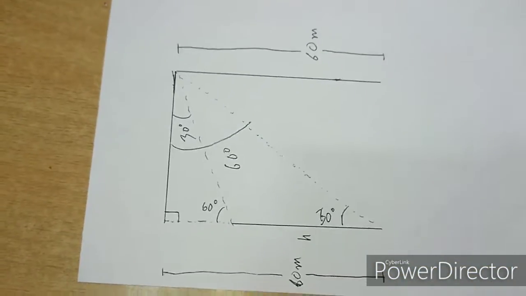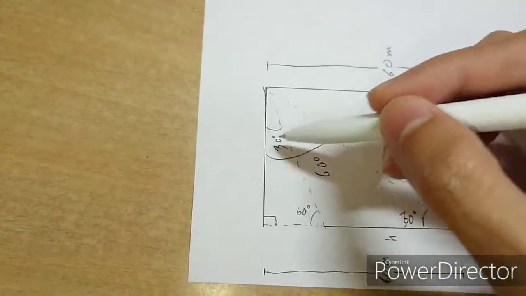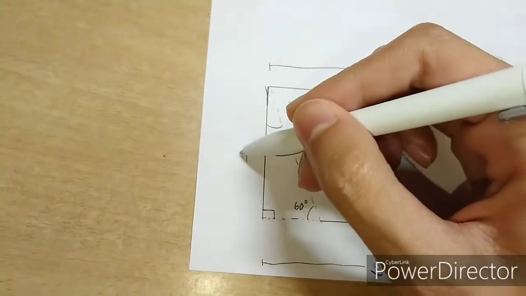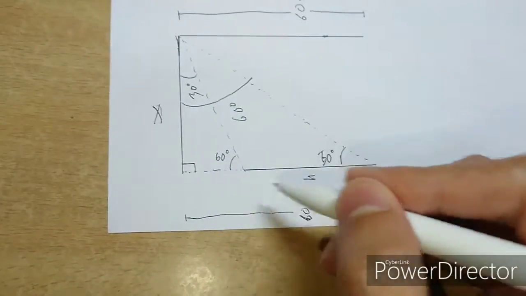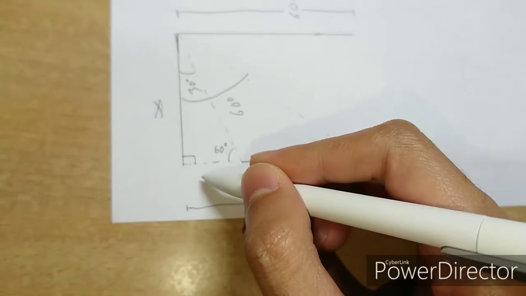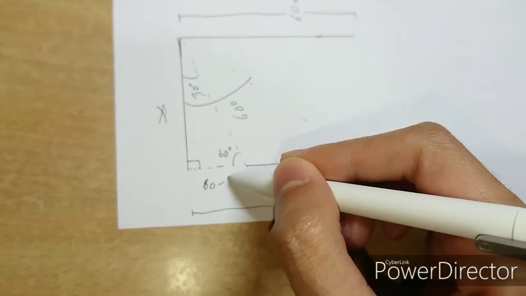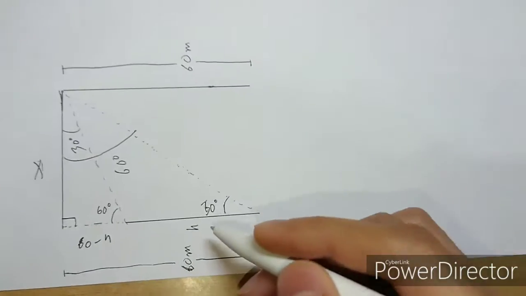If I mark this side as x, then this side will be 60 minus h. We have to solve for h.